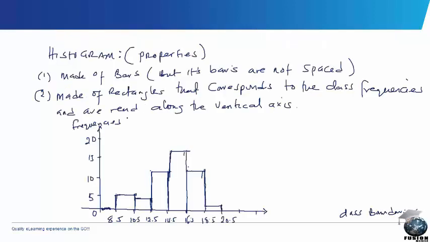Okay, well, let's go back to our bars. Assuming here is the midpoint for this bar, here is the midpoint for this bar, here is the midpoint for this bar, and here is the midpoint for this bar, and then here is the midpoint for this bar. So how do we join this line? This joins to this, and then this joins to this, and this joins to this, and then we join this to this.